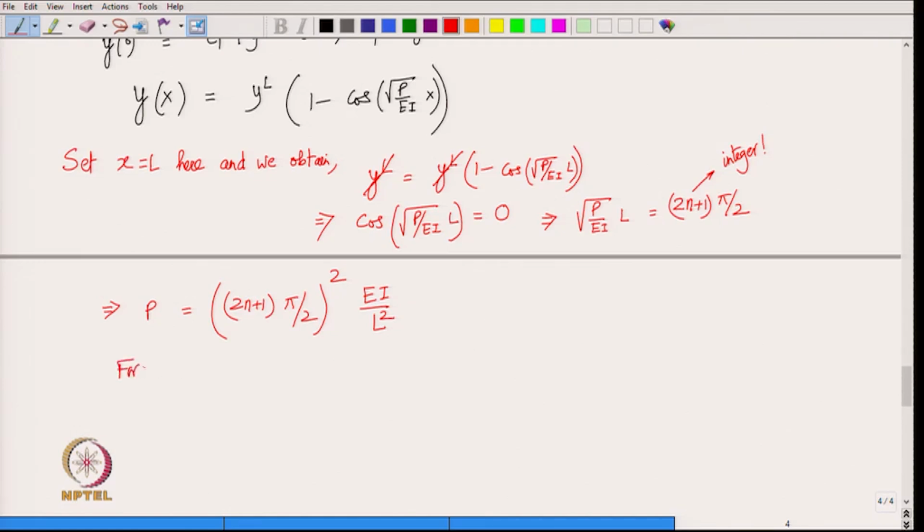So, for n equal to 0, we obtain the smallest buckling load, which is your P critical. So, that is equal to pi square E I over 4 L square.